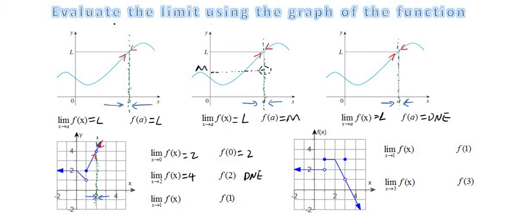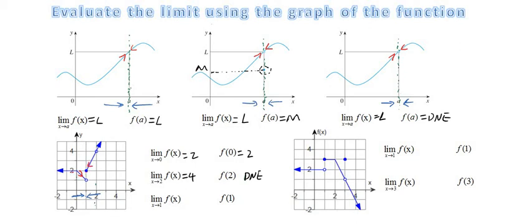Now let's take a look at the last one. We have x approaches 1 from both sides, and we find the curve from the left hand side approaches this point, and from the right hand side it approaches this point.